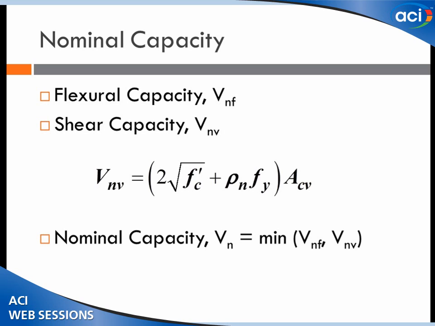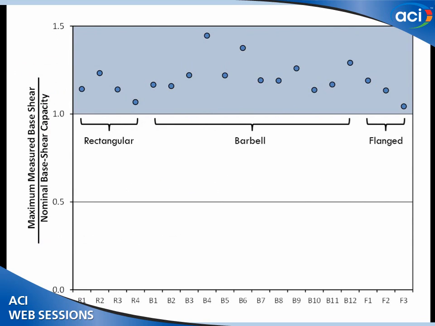And the nominal capacity then is the minimum of the shear corresponding to flexural strength or the shear corresponding to shear strength. And if we look at all the results, we find that the methods for calculating strength are conservative. Not overly conservative, but just right. So the strengths that are measured in the lab vary from something like 1.05 to 1.45 times the strength that is calculated. And that's the good thing.